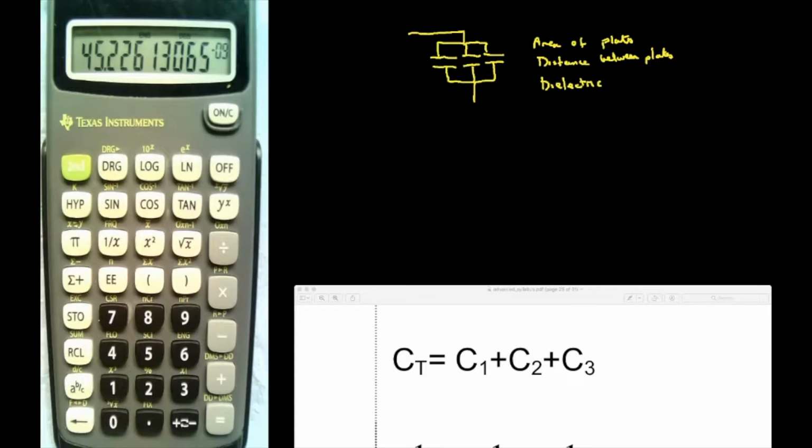So here we have three in parallel. We made a little electrical connection between each one. You can see we've got a single capacitor with a much greater area.